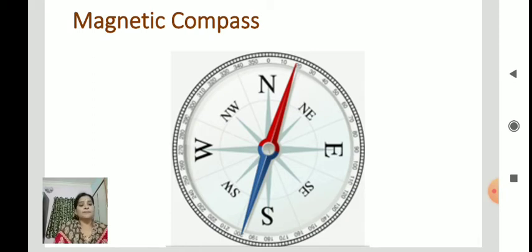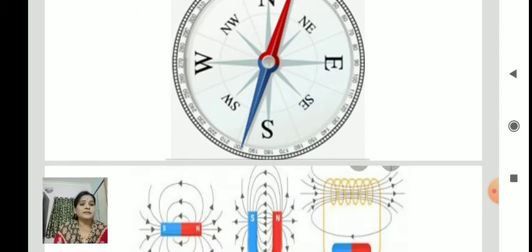This magnetic compass is majorly used. Here the north pole is denoted with red and the south pole is denoted with blue.